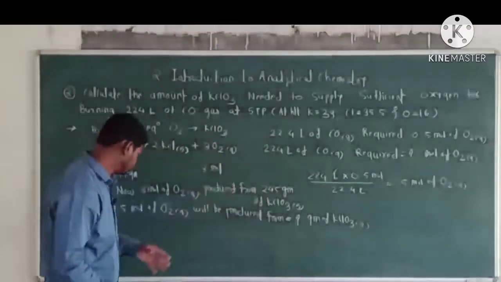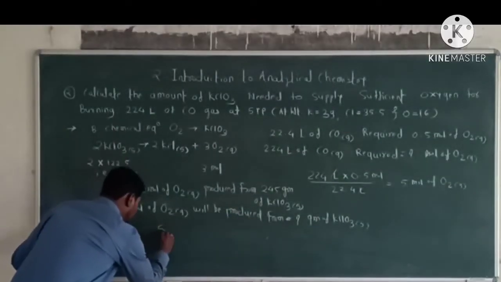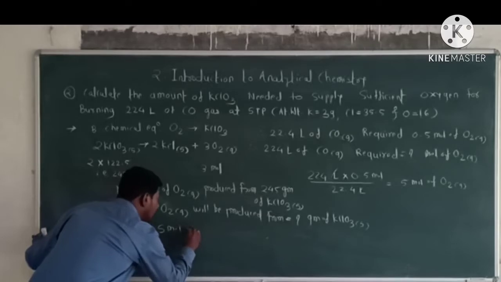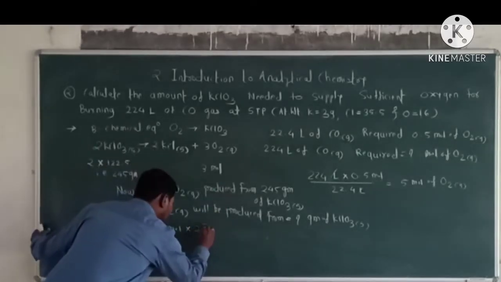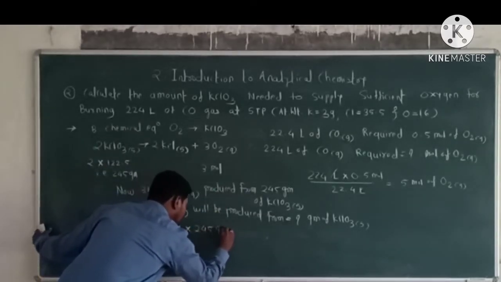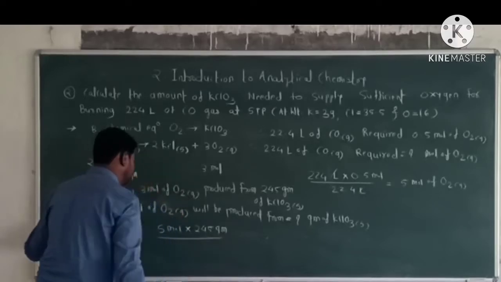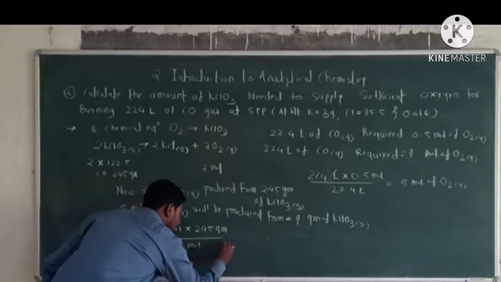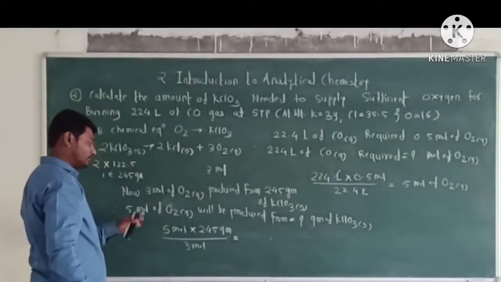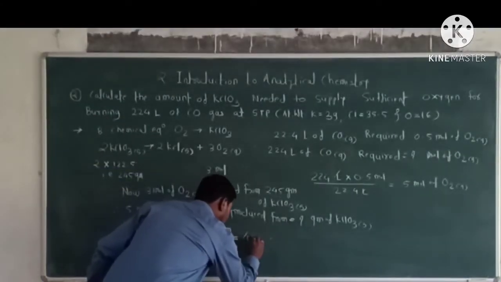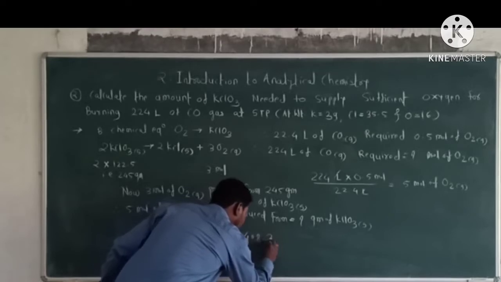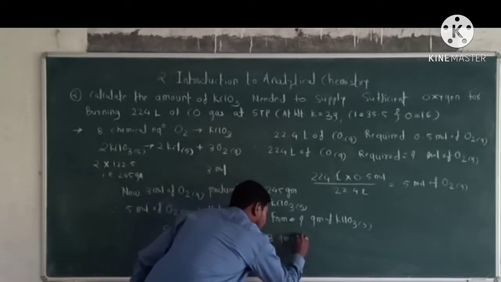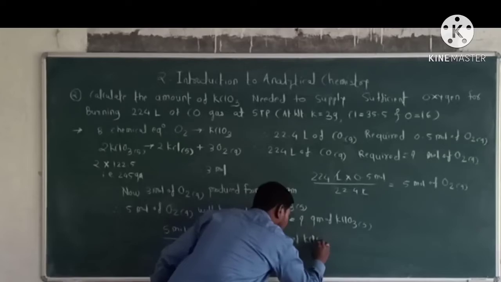Cross multiplication, that is 5 mole into 245 grams divided by 3 mole. Solve this equation, we get the final answer, that is 408.3 grams of KClO3.